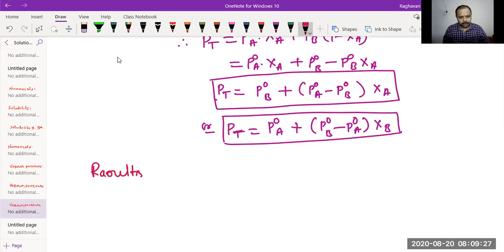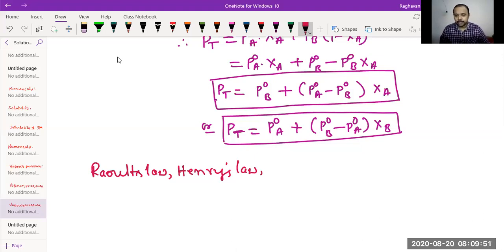So we'll correlate Raoult's law and Henry's law. For a solution of gas in liquid, it is Henry's law. For a solution of liquid in liquid, it is Raoult's law. For a solution of gas in gas, what could it be?